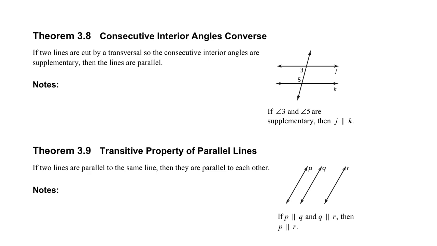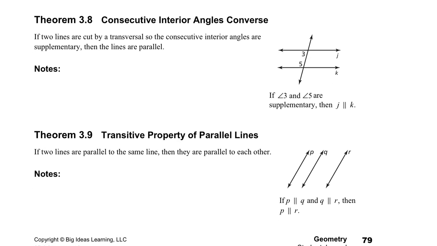The other angle relationship we talked about was consecutive interior angles. And here, if we see that the consecutive interior angles are supplementary, so they add to 180 degrees, then we can say that lines J and K here are parallel.